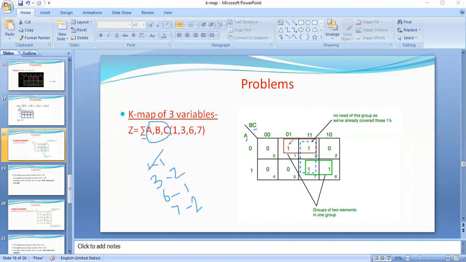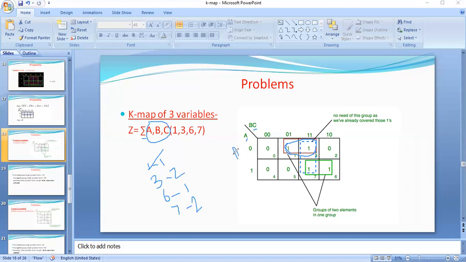So 1 is here. What is the maximum possibility of grouping? Can we group 8 cells? No, there is no possibility. Can we group 4 cells with this one? No, there is no possibility. We can group these 2 cells only. There is only one possibility. So what is the common term here?